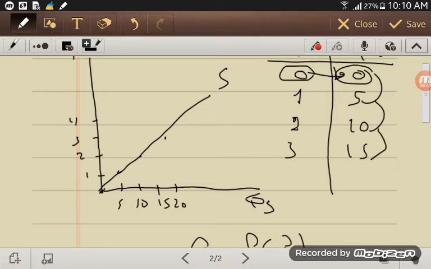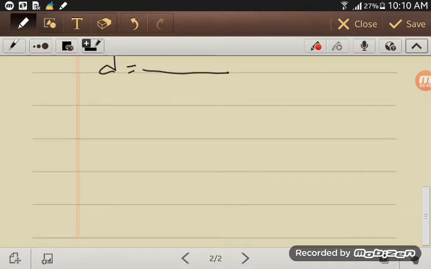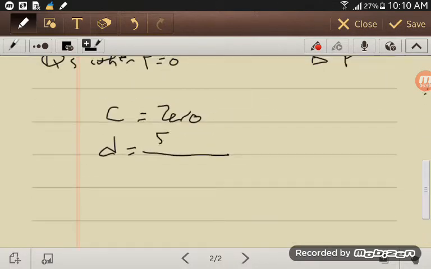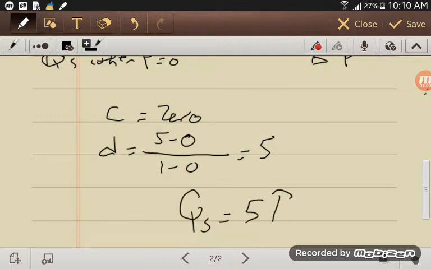Say, for example, 5 minus 0 divided by 1 minus 0, which is 5. So we can write it as QS equals 5P. As C equals 0, we are not going to write it.